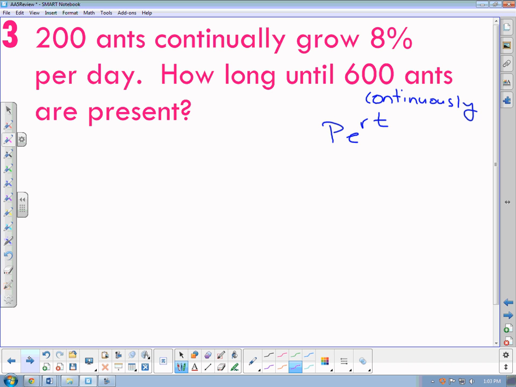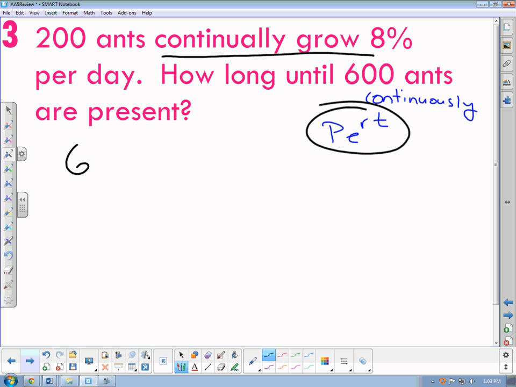And then finally, for the story problems, the 200 ants continually grow 8% per day. How long until 600 ants are present? That would be a 200 ant colony, continuously growing at 8% per day. So now, because it's continuous growth, we have to use this formula, P e to the rt. Our final amount is 600. e is e.